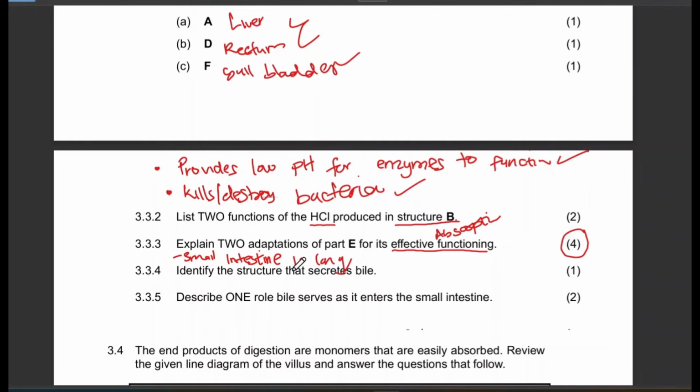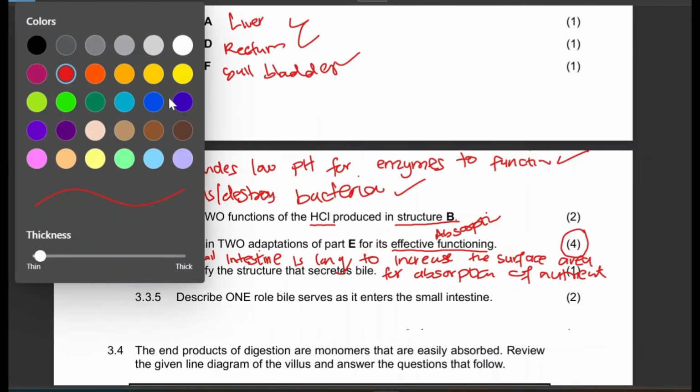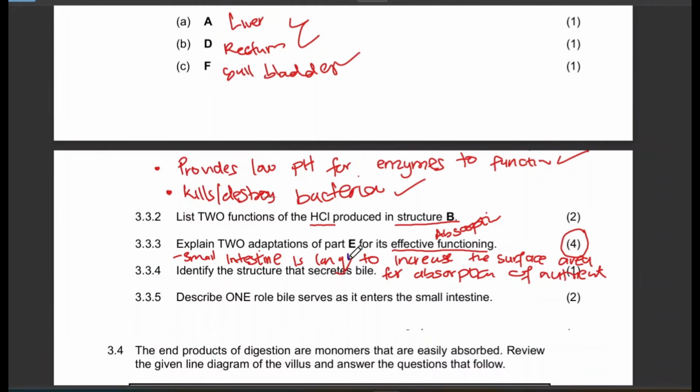So you tell us how the intestine is: it is long, and the significance of that is to increase the surface area for absorption of nutrients. Now that gives you 2 marks automatically.